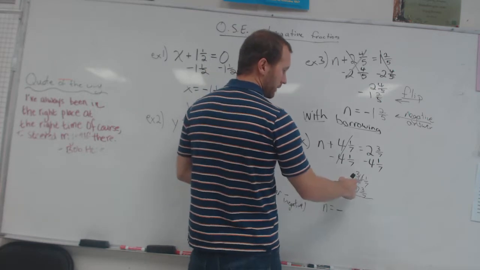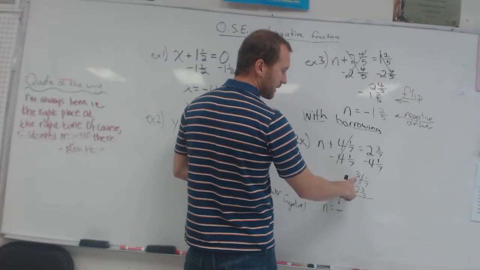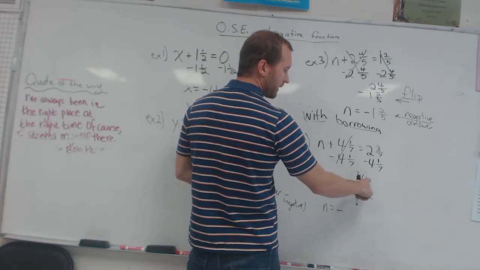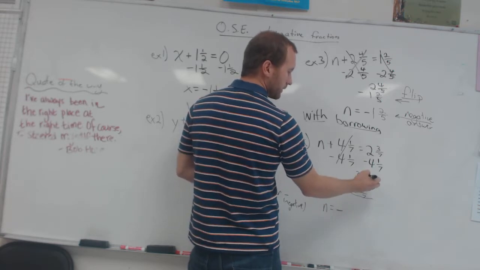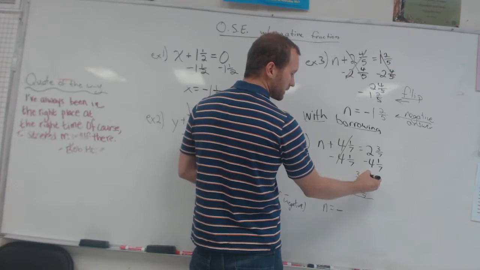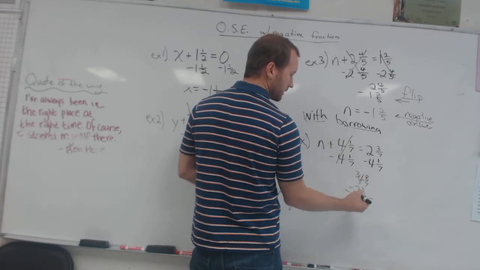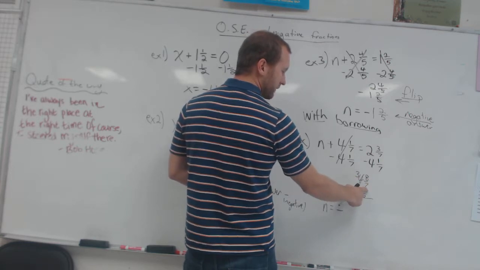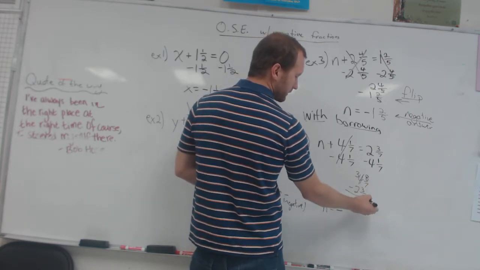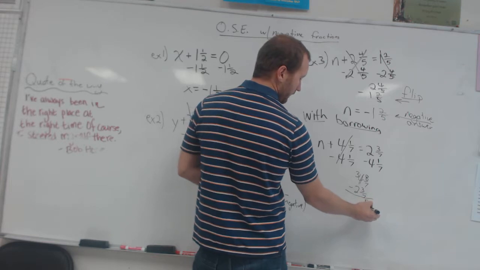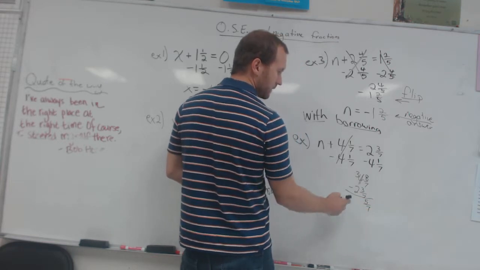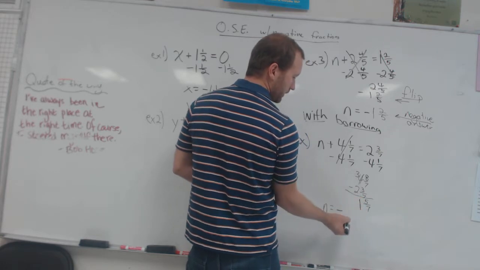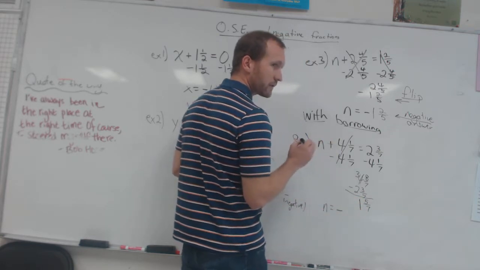If I borrowed 7 and I already had 1, 7 plus 1 is 8. And then I have 8/7 minus 3/7, which is 5/7. And 3 minus 2, which is 1. So my answer is 1 and 5/7, right?